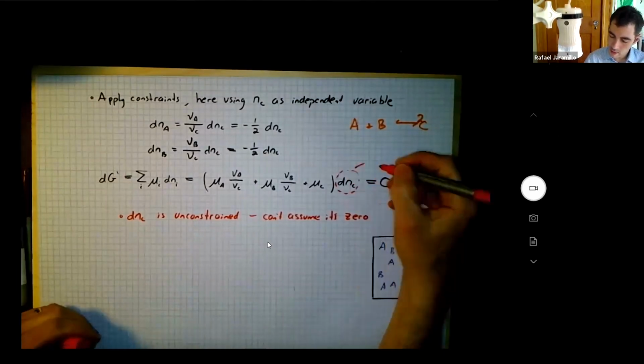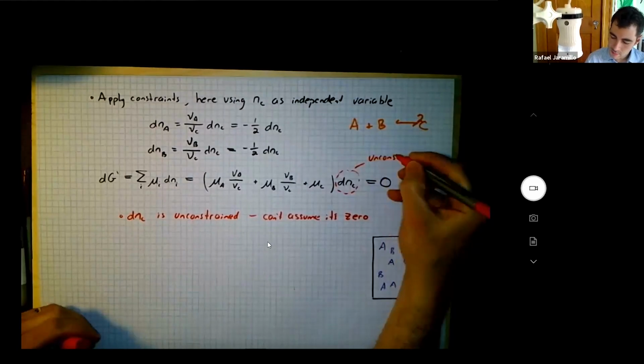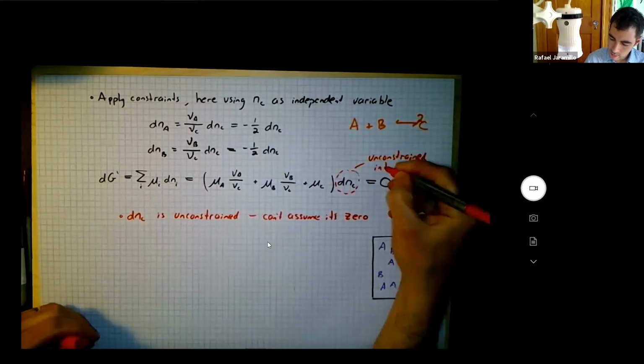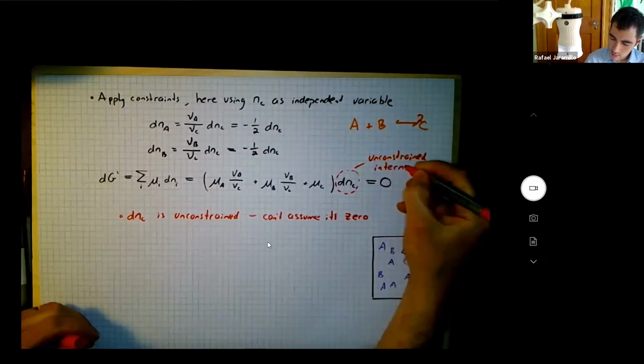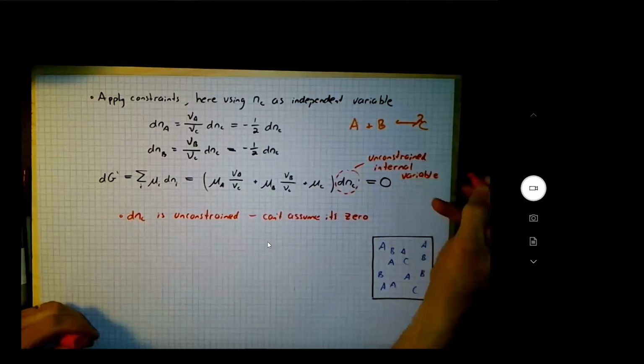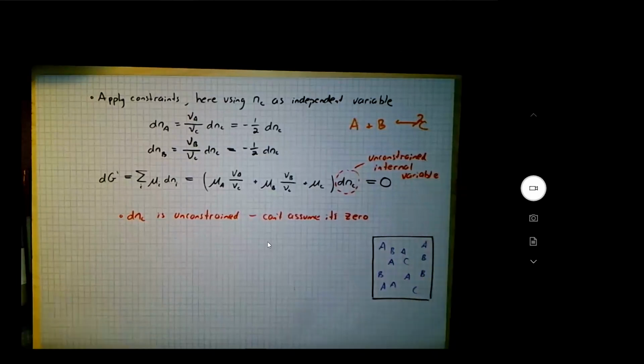We call this an unconstrained internal variable. Why is it unconstrained? Because even at equilibrium, the reaction doesn't stop.